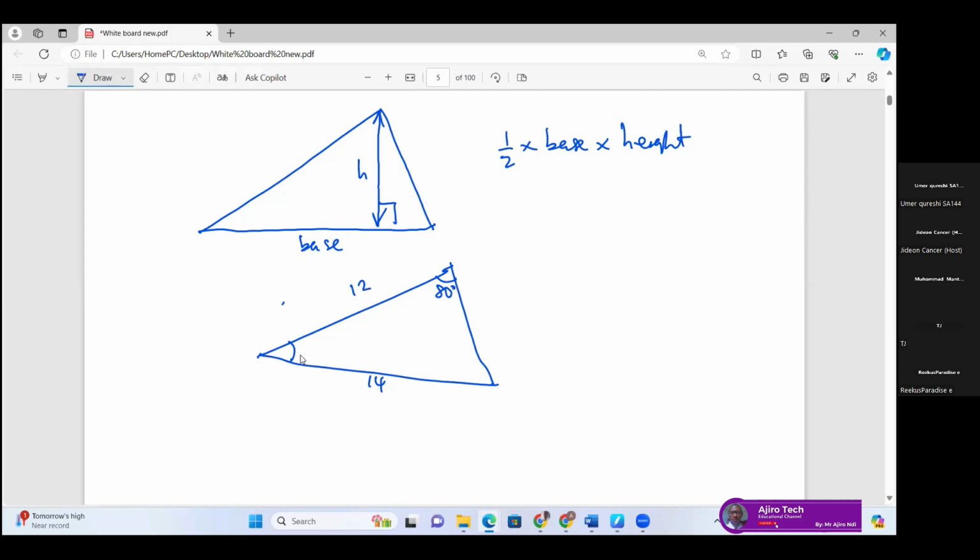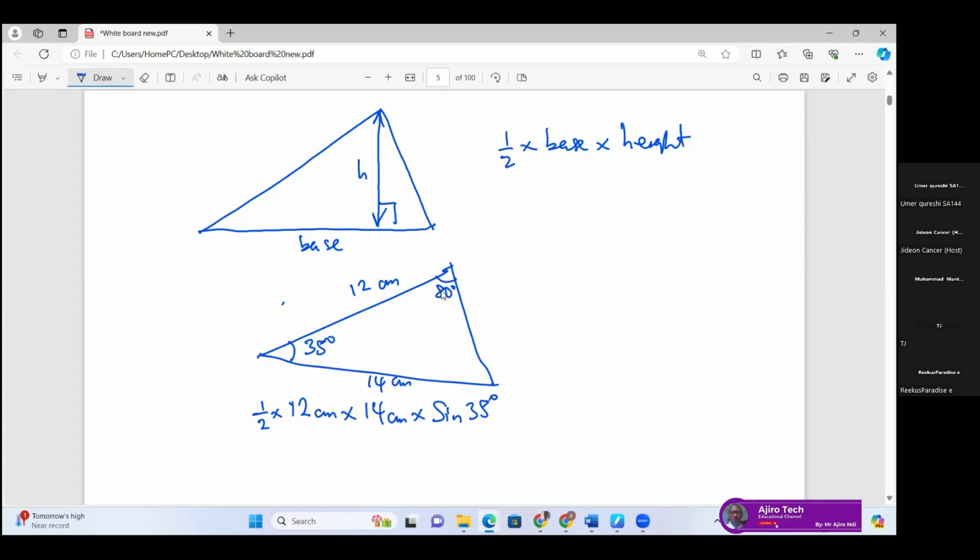But if this angle is given as, let me say, 35 degrees, then I can solve because this angle is between the two given sides. Then I can say this area is half times the two sides, 12 centimeters times 14 centimeters times sine of the angle between them, sine 35 degrees.